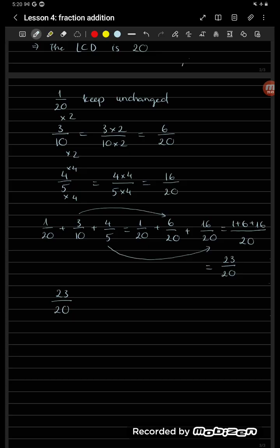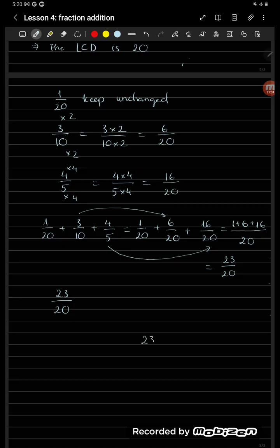As long as the top part is greater than the bottom part, you can always convert it to a mixed number. Like I said, we already went over in previous lessons how to convert between a mixed number and a fraction.